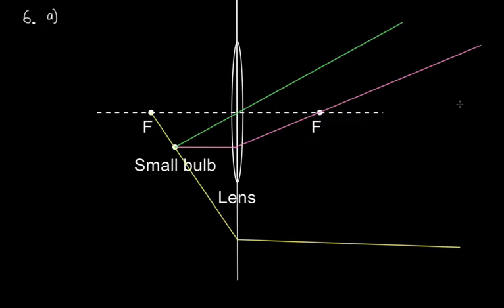Now you can see on this far side of the lens that they're all diverging. So we need to find out where they cross each other in order to make the image. So we will trace them back and find out where they cross on the other side of the lens. So that will be where the image is. So we draw these lines.